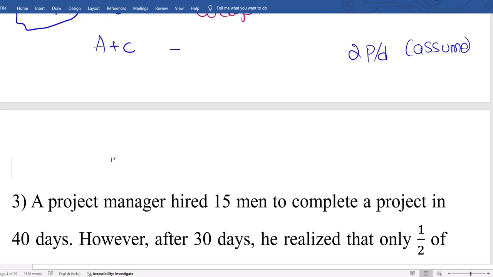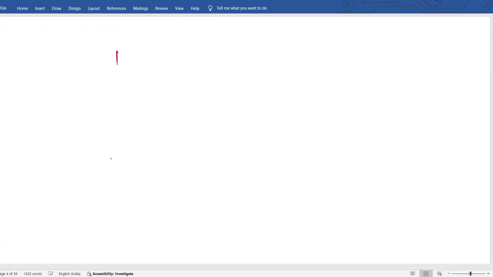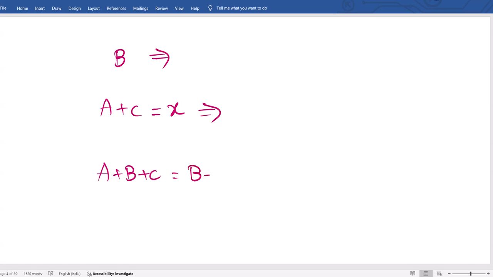See, there is one method. We want B alone, right? Suppose A plus B plus C. You take A and C equal to something called X. A and C is equal to X, letter X. Then A plus B plus C means B plus X. If you recall, long back I said, if alone is given, together is nothing but product divided by summation.